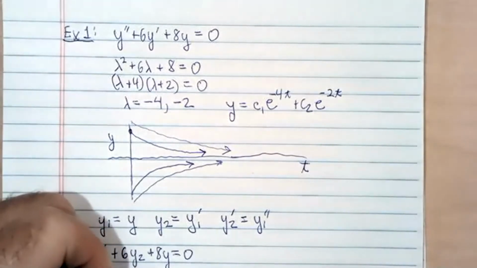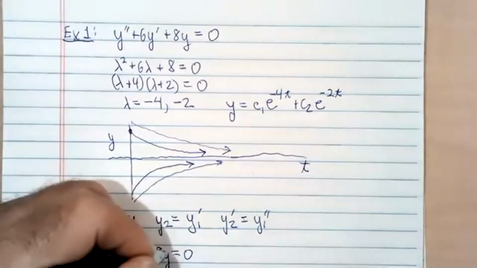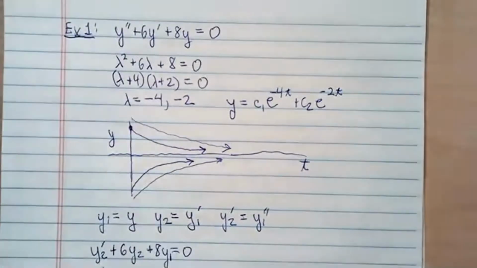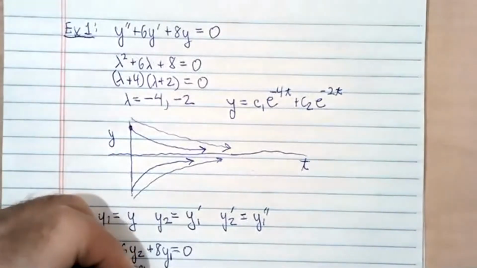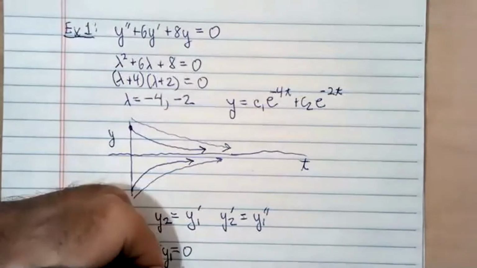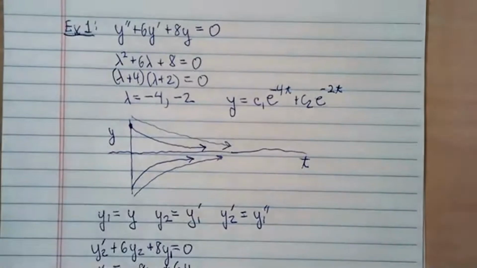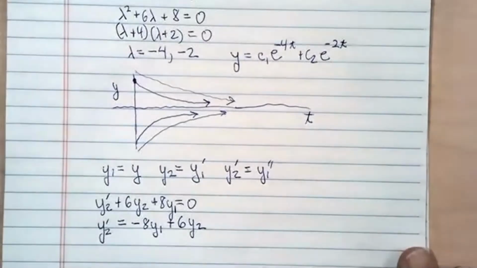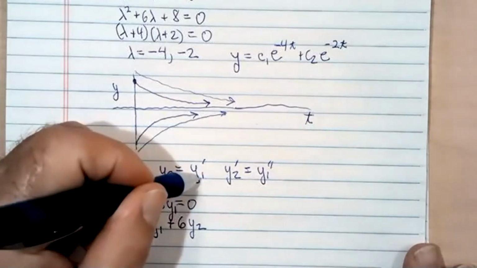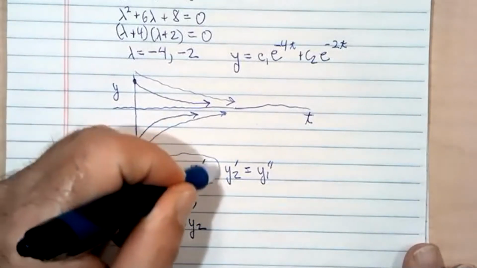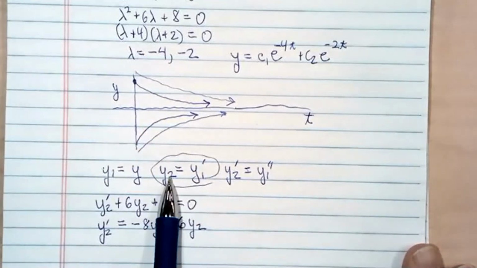So y2 prime equals minus 8y1 minus 6y2. And then I have my other equation, y1 prime equals y2.